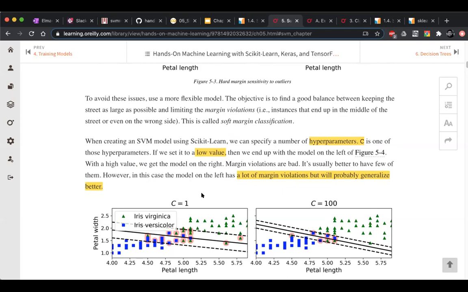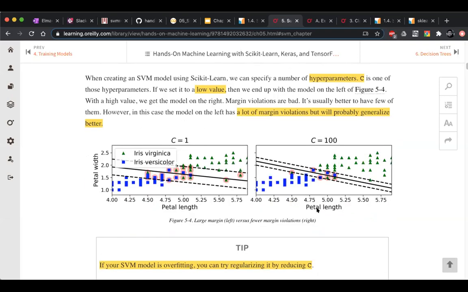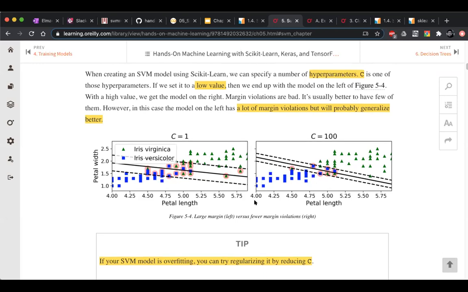It means that it's more generalizable to the outside world. The more rigid we define our C, the higher the number, yes, it's going to fit our data. It's not going to let any instance happen within that street, but it's less generalizable. So if our model is overfitting, we can loosen it up by decreasing the value of C.